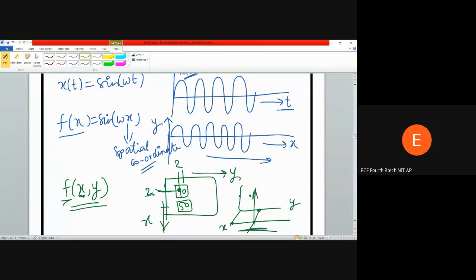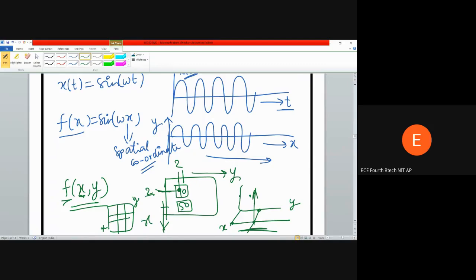The second is by making use of color. What does it mean? I will have a 2D image-like structure. This is the x coordinate and this is the y coordinate.